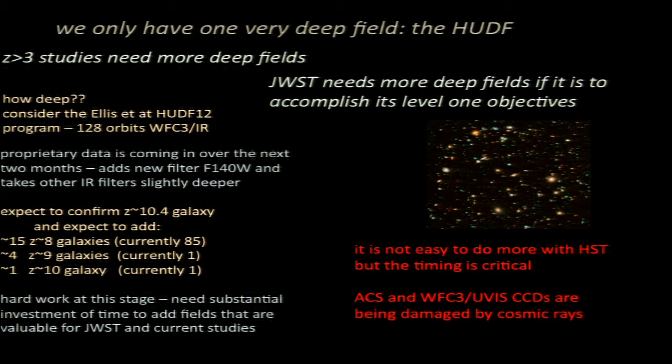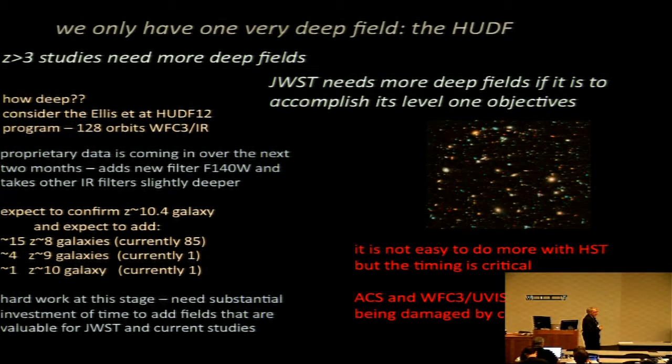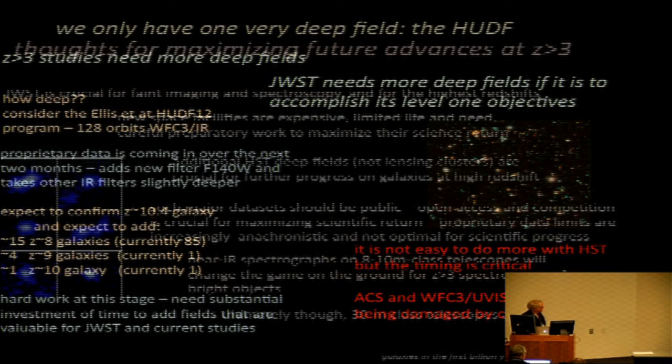We'd like to add both infrared and optical data. But even with 128 orbits, we're not changing the numbers greatly. This needs a substantial investment. And it's something that I hope the community, STScI, can come together on and try and use HST in a way that will set things up well for the JWST era.